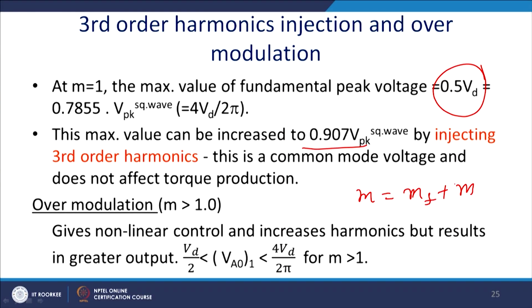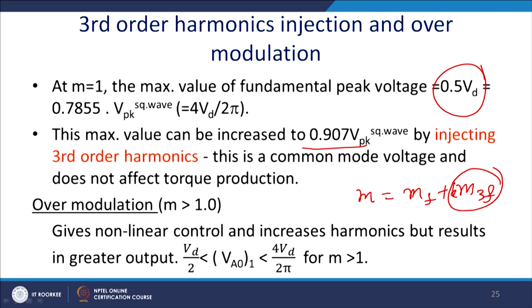So, one aspect is that we require to reduce the THD, and another aspect is what is the maximum available value of the modulation index in the linear region. Accordingly, I left it for the students to calculate, let us say the m fundamental plus k into 3f.